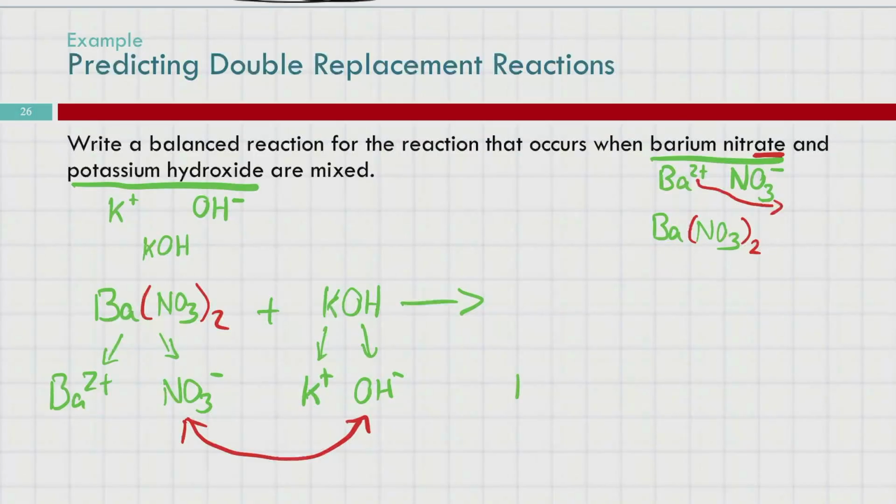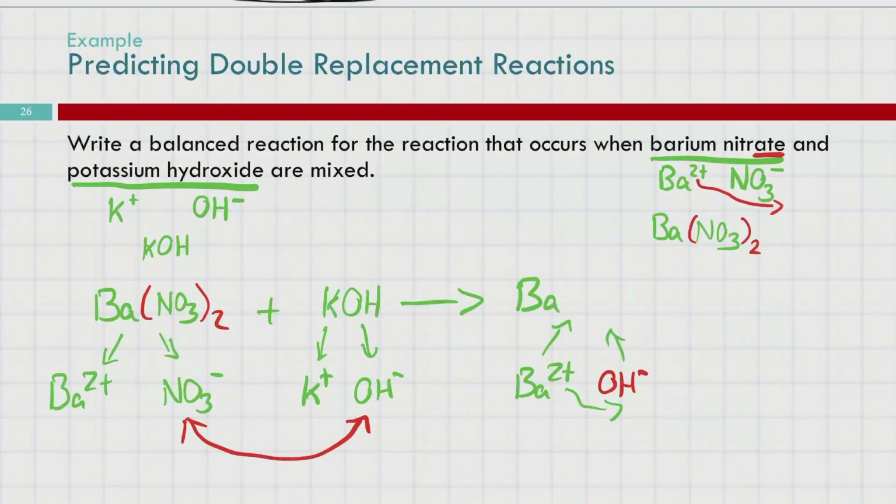You don't necessarily have to follow these exact steps. This is just how I do it. So we've got barium, which is a 2 positive ion, and it's now going to be paired up with the hydroxide. So the OH minus. And we're going to recombine these. So we have to crisscross this 2 positive charge to become the subscript of the OH.